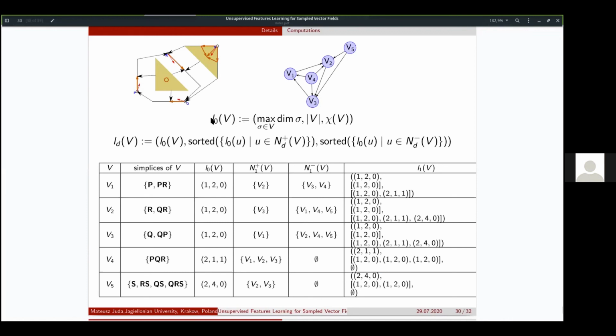For that particular two-dimensional example, we have a very limited number of such combinations. So the L0 values are only a few, and that's actually true even for much more complicated two-dimensional cases. So to apply the word2vec technique, we need to have the labeling much richer. And how can we extend that simple idea to get richer labeling? We can take the label of the vertex itself, and we can take labels of neighbors of the vertex.